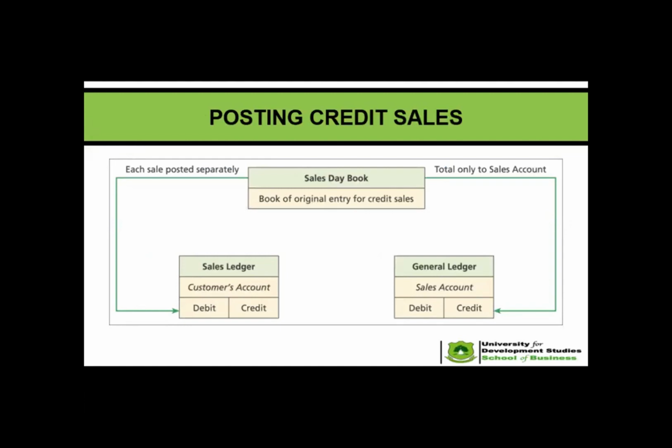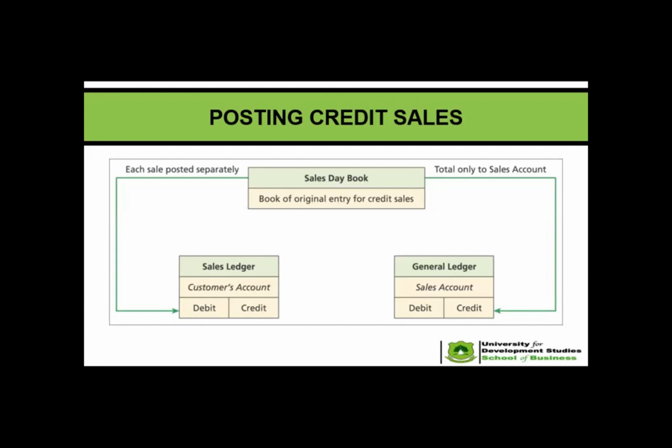So, take for example, credit sales. Each sale is posted what? Separately. So when you write your sales day book or sales journal, we said it is a book of what? Original entry. Good.